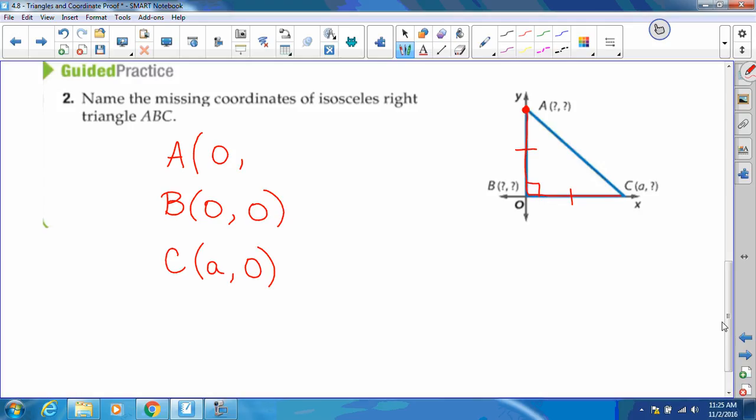So the length of this, I start at 0 and go over to whatever this x value is, and that x value is A. So that's a distance of A. That means I need to do the same thing on this leg. I need to go up a distance of A. So if I want to go up a distance of A, that's a y coordinate of A, because it's isosceles, they have to be a distance of A from the origin.